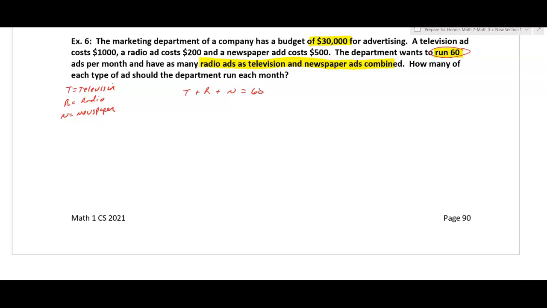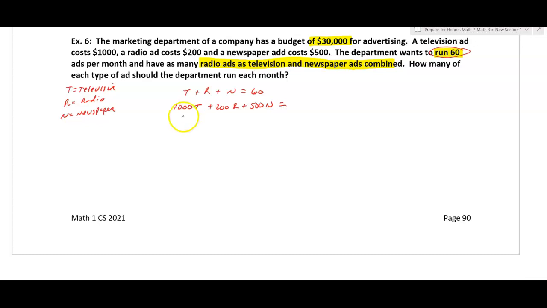Now, when we talk about the budget, each television is $1,000. So 1,000 times the number of television ads plus 200 times the number of radio ads, because it's 200 for a radio, plus 500 times the number of newspaper ads.